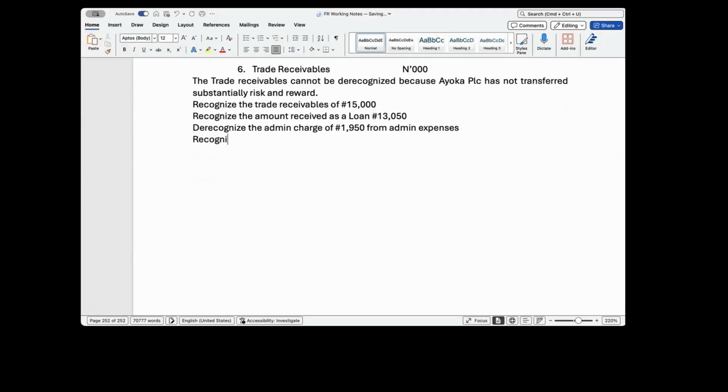So you recognize an allowance for receivables of 900,000. This will go to P&L, this will go to admin. So you're going to add to admin and reduce from receivables. That is what we're doing with that.